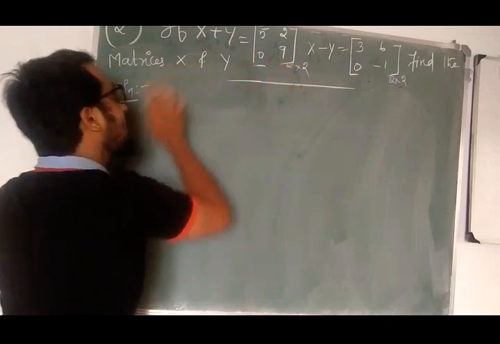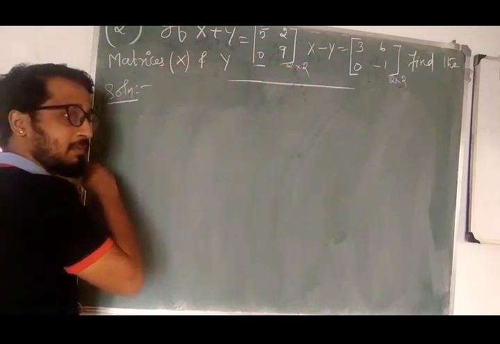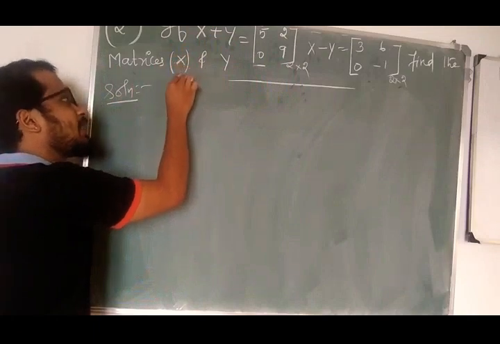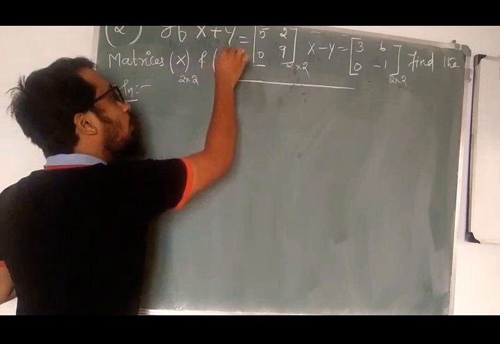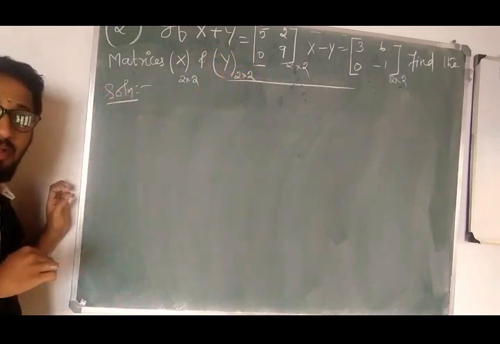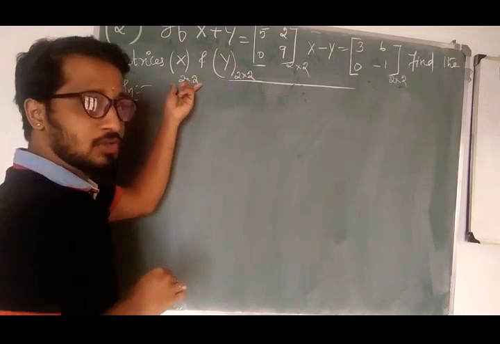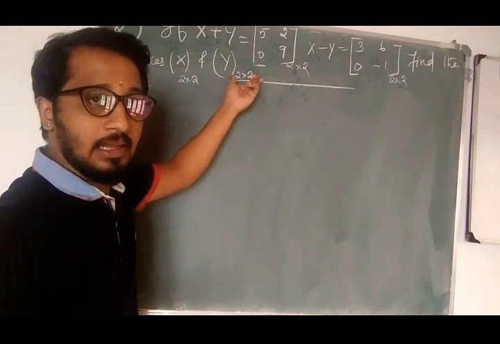That means the order of the x matrix is 2 by 2, and the order of the y matrix is also 2 by 2.